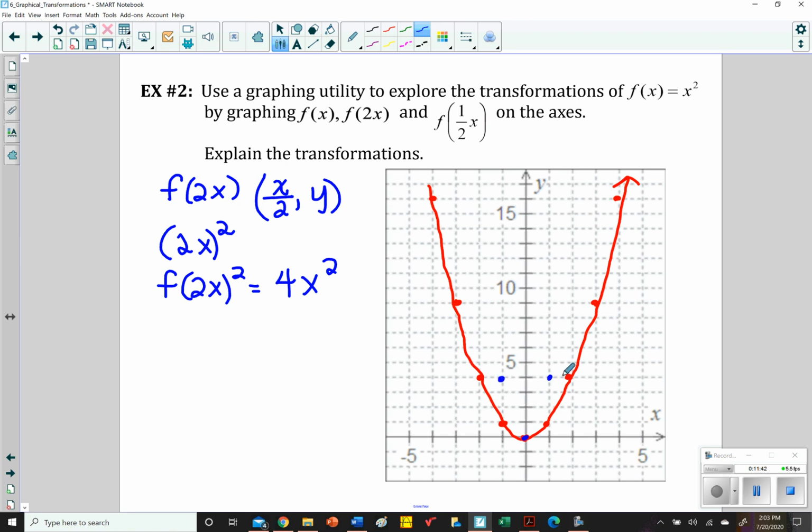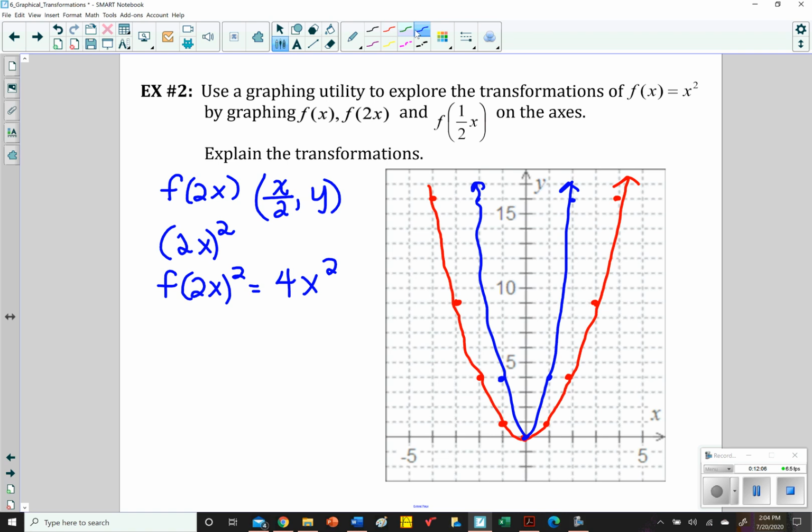And if you put a 2 in there, our y value is 16. So it's a really skinny graph. The blue graph, oh, I can't draw with this tablet. This is a horizontal stretch.